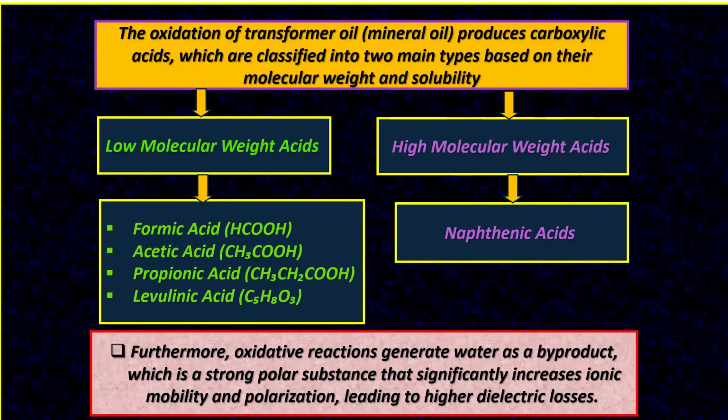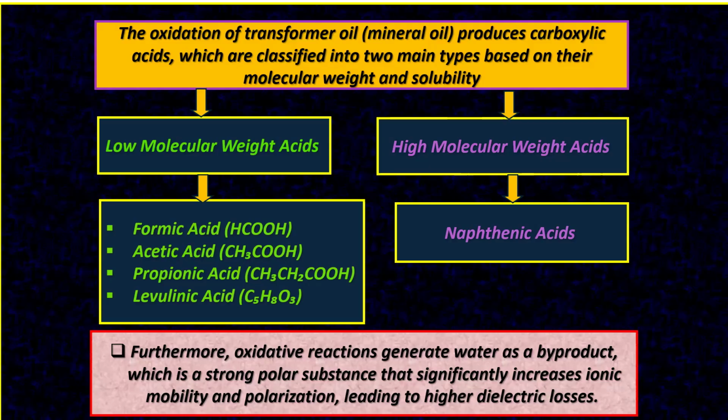Low molecular weight acids are formic acid, HCOOH, acetic acid, CH3COOH, propionic acid, that is CH3CH2COOH, and levulinic acid, that is C6H8O3. High molecular weight acids are naphthenic acids.